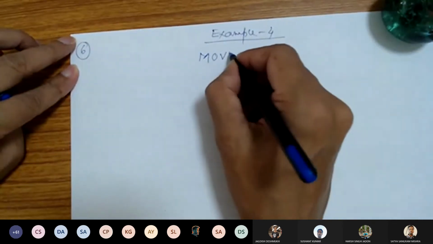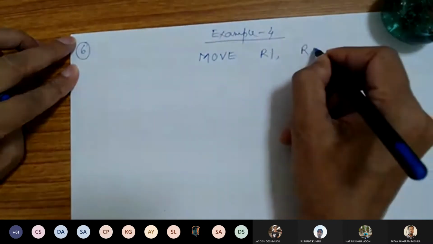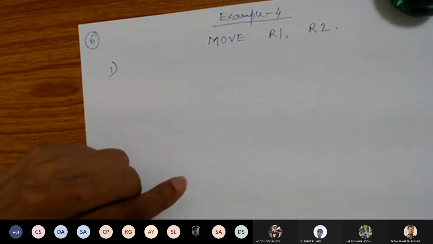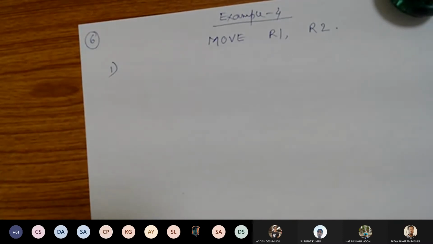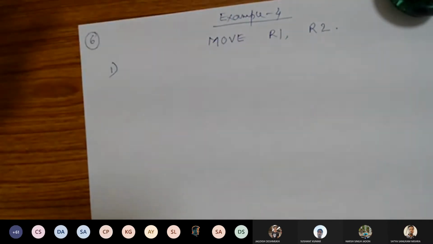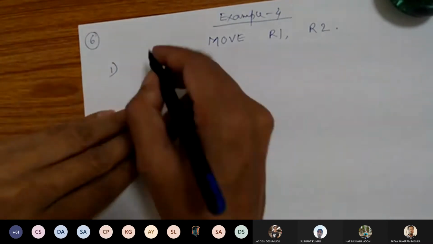Move. This is also a very common instruction. Move R1, R2. Moving the content of a register into another register.